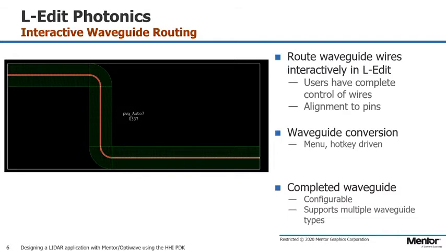The waveguide here is a hierarchical P-cell, and what it's doing is taking full advantage of the HHI PDK components, bends, straights, S-bends, etc., to draw an accurate P-cell using those foundry delivered PDK components.